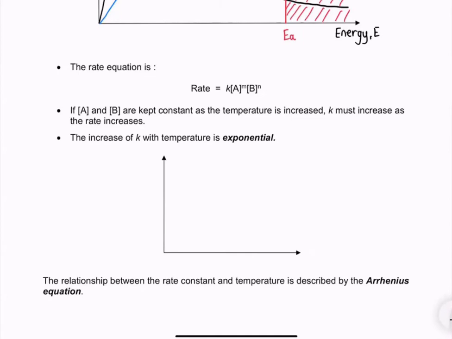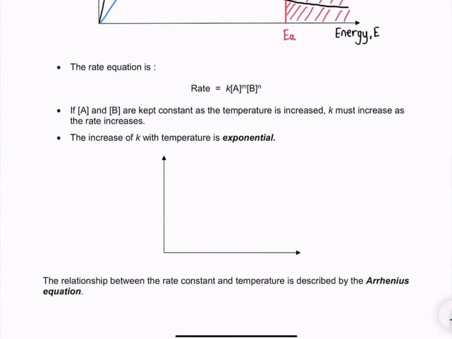Now think back to the first year, you did a required practical on this topic. You measured the time taken for a cross to disappear underneath a reaction, so it was a disappearing cross experiment. You did that at lots of different temperatures and you plotted a graph of rate, which to find rate you did 1 over time, against the different temperatures.